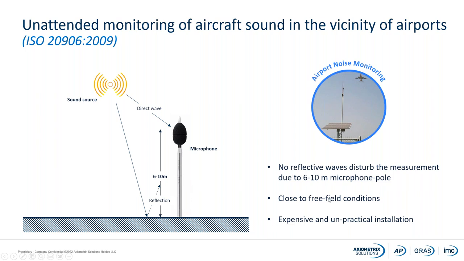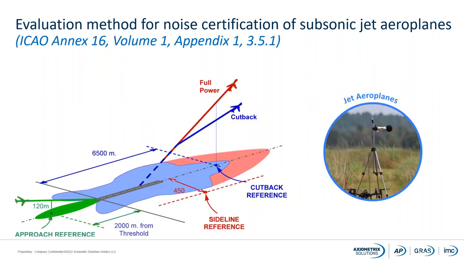So it is close to a free field condition, but unfortunately, this is mostly for fixed installations, because it is quite expensive and impractical to have a 10-meter mast when you just do a test campaign. It's very difficult to erect masts of that size. So even though it is a free field condition, it is a little bit impractical.